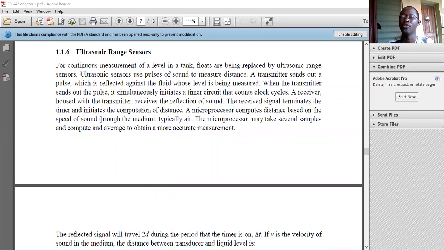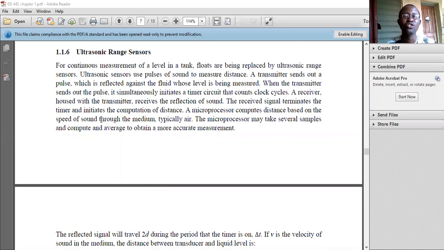But another method that we can actually use is by employing an ultrasonic range sensor. I know you are not coming across this for the first time. In EEI 311, we also made mention of floats and ultrasonic sensors, ultrasonic level measurements.